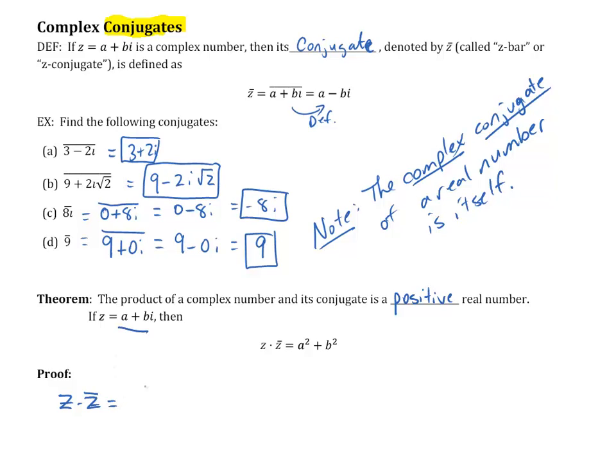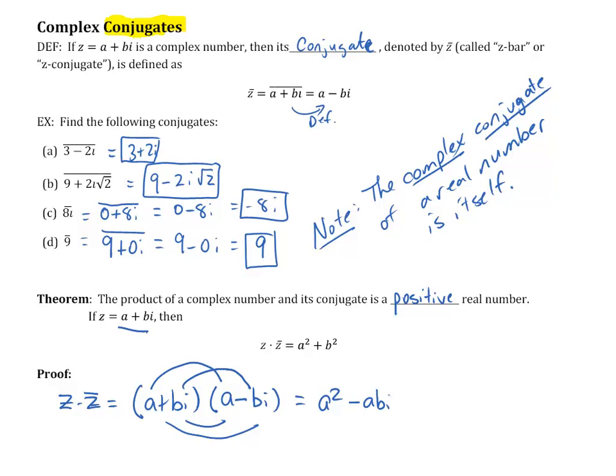If z is a + bi, just rewriting z there. What is z bar? Z bar is a - bi. Correct? And now, if you multiply these out, you get a² - abi + abi, that's outside and inside, - b²i².